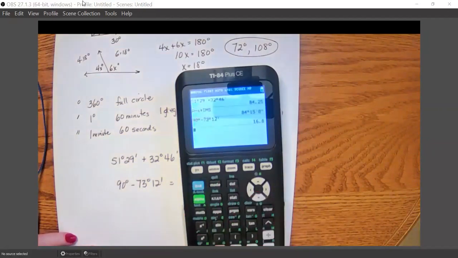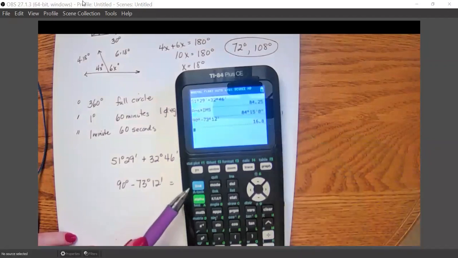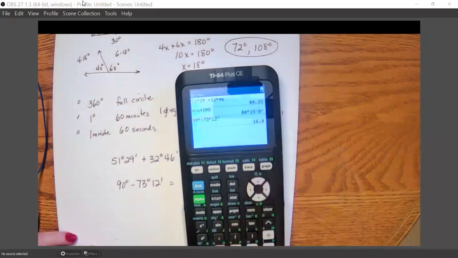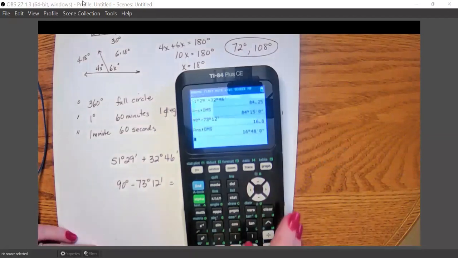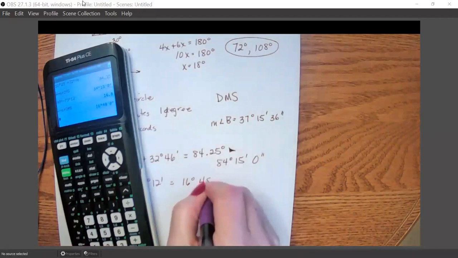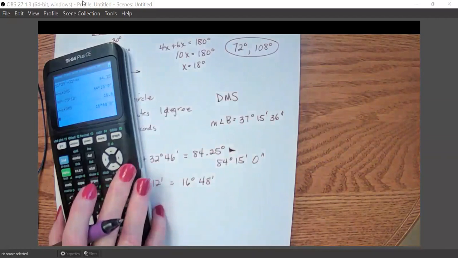And once again, my answer is given in decimal degrees, but I would like to convert that to degrees, minutes, seconds. I can go to my angle measure and pick convert, or since I already have that as an operation up here, I can reduce my typing by going up to a previous operation and saying, yeah, I want to do that one again. And that would say that that is 16 degrees, 48 minutes.